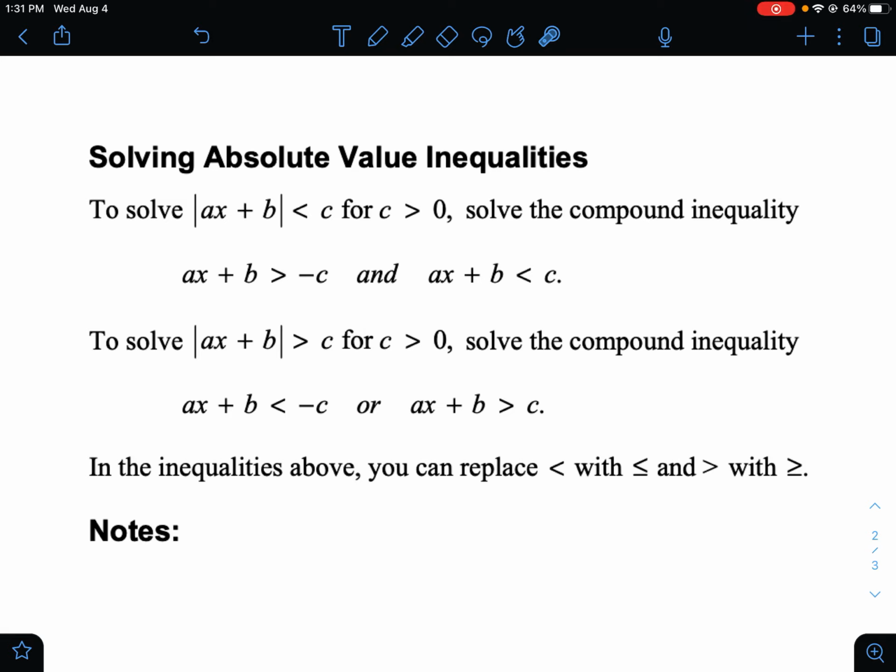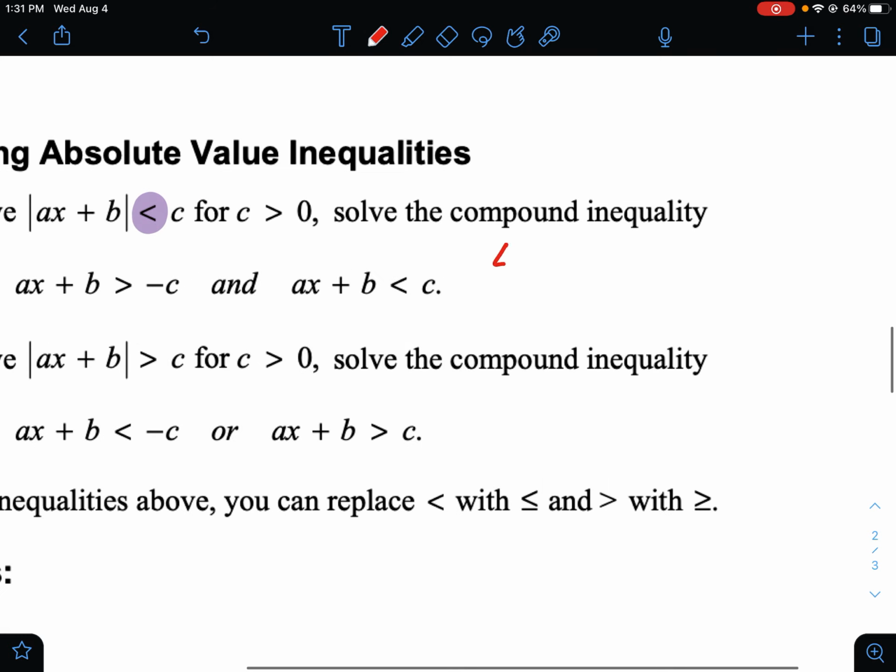When you are doing "and" or "or," the way that I always remember it is look at the inequality. Less than would be a conjointed inequality.